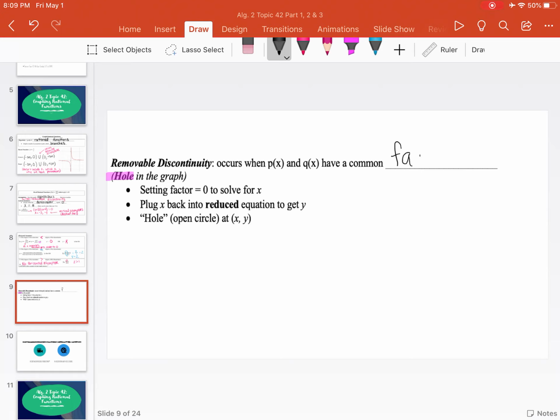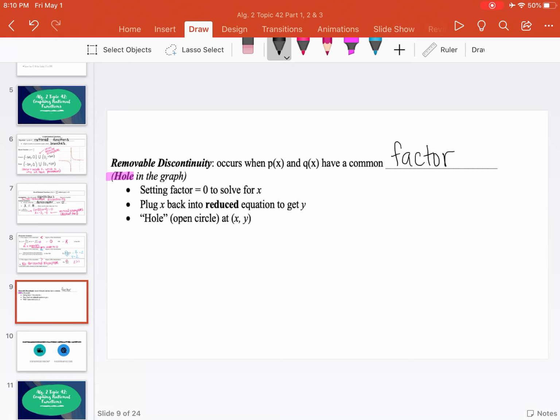So if we were to factor the numerator and factor the denominator, and if they share that common factor, what would we do? Well, most likely we would cancel it out because they would reduce to 1. So because they cancel out, this is called a hole in the graph. We are literally removing a factor from our rational function.